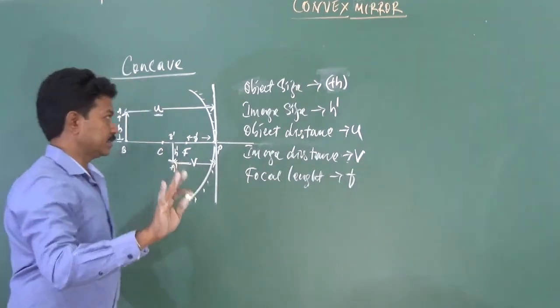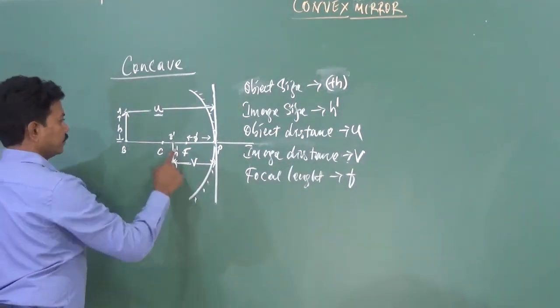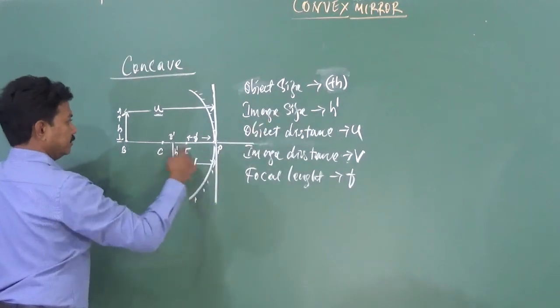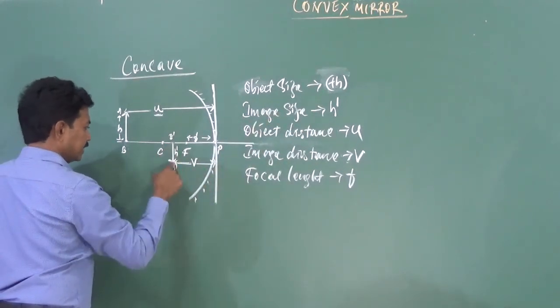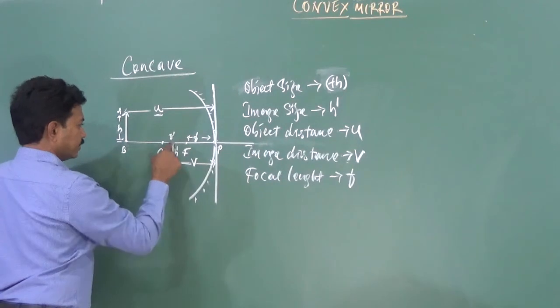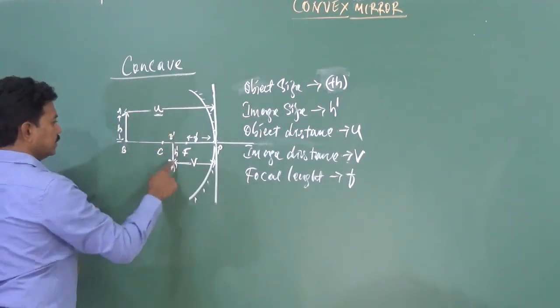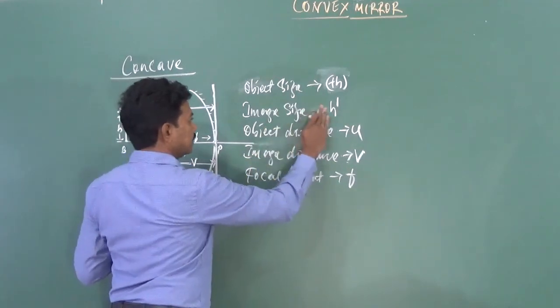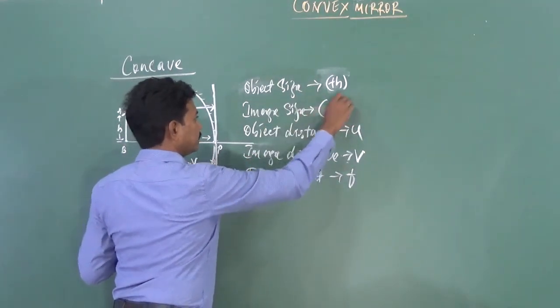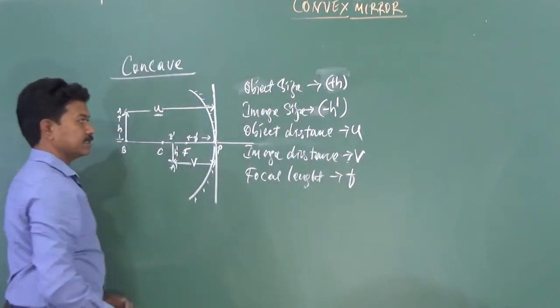Now the image height or image size: this height from b dash to a dash we are measuring below the principal axis. Therefore the image size in this case will be negative, so it is minus h dash.